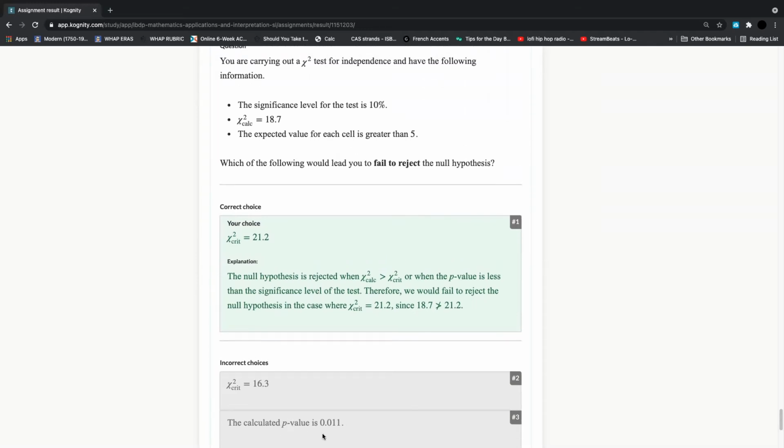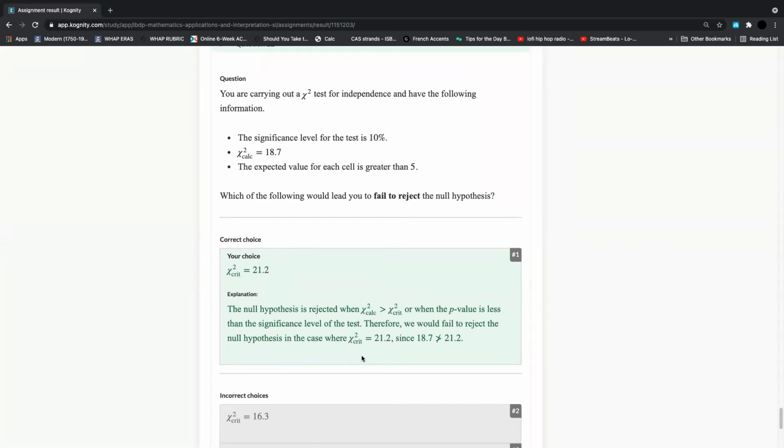Same deal over here. Since 0.011 is less than 0.10, you could reject your null hypothesis, so that is also wrong. And then we are given the critical value of 16.3 with the chi-square statistic of 18.7. And since the chi-squared statistic is greater than the critical value in the answer choice, you would also be able to reject the null hypothesis.